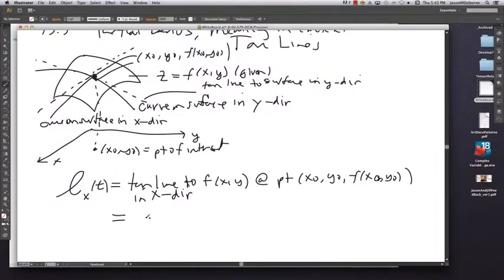Essentially what you need to do is you need to compute your curve in the x direction and evaluate that at the point x naught, y naught.